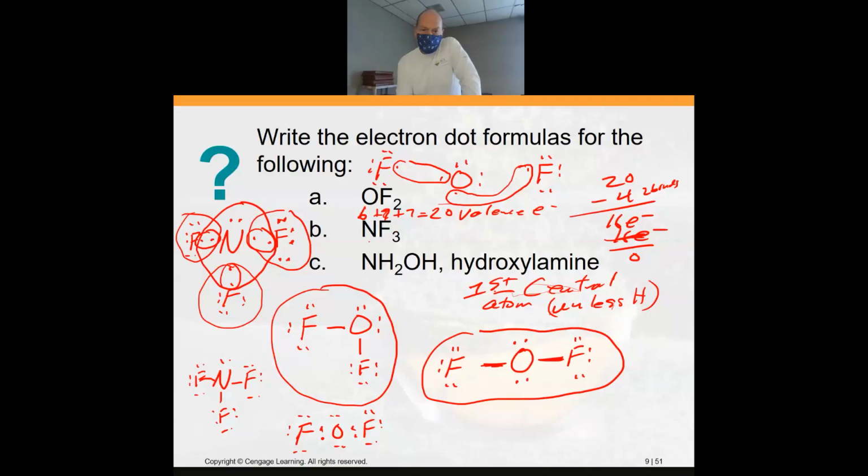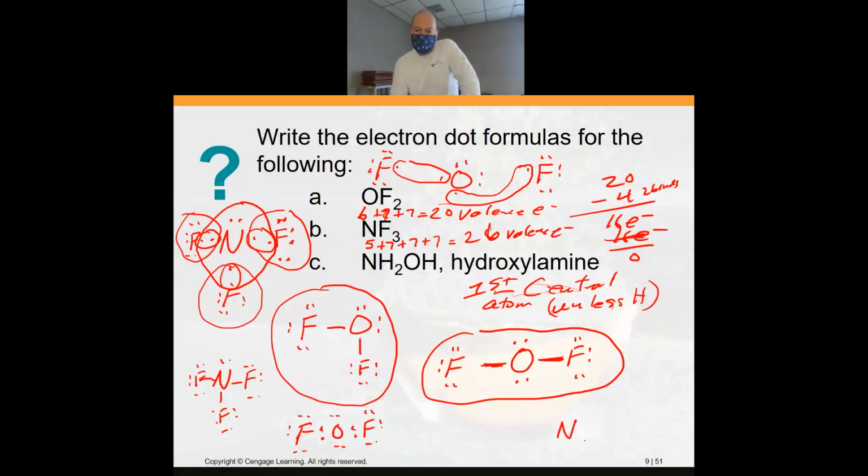All right, if we are doing the counting electron rule, again, nitrogen is in column 5, so you add 5 plus 7 plus 7 plus 7, or simply 7 times 3 plus 5, you get 26 valence electrons. The first atom is your central atom.